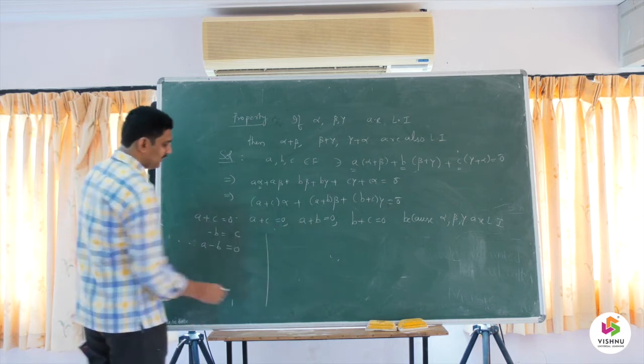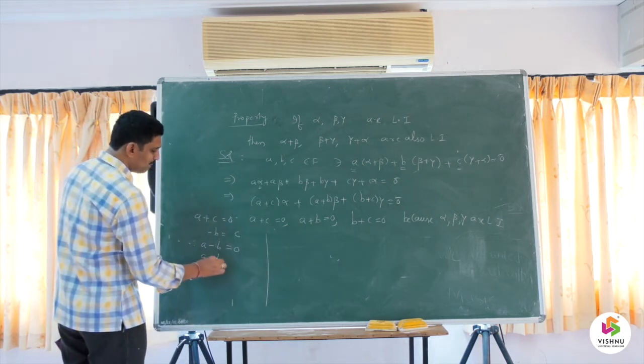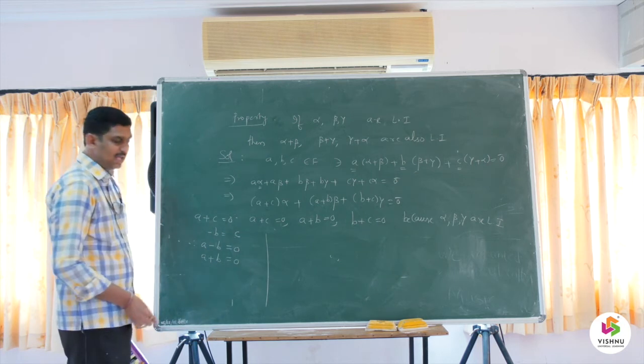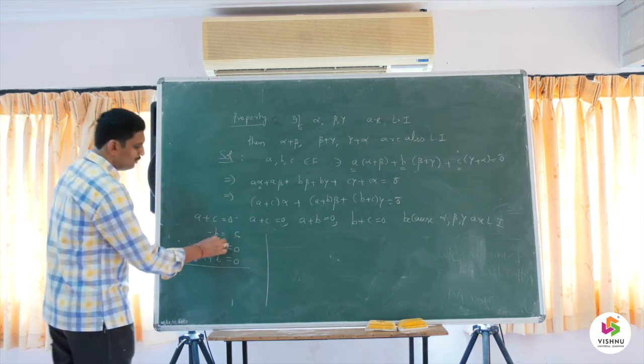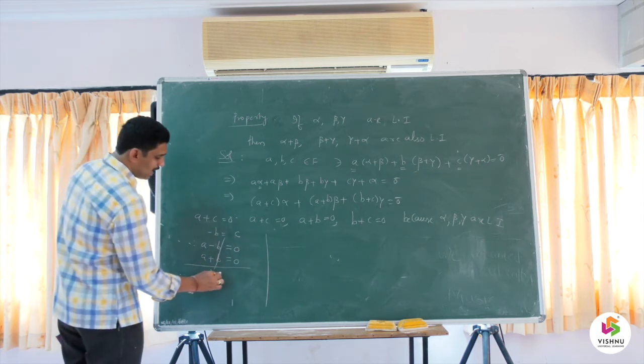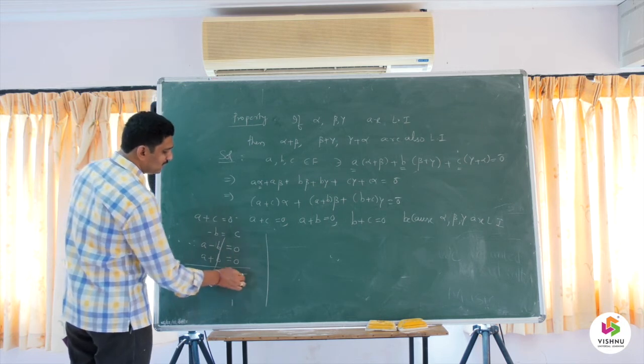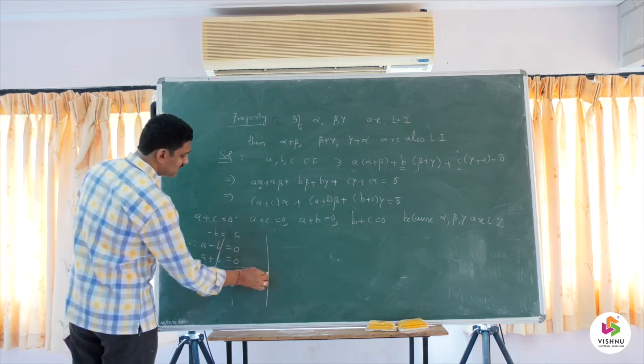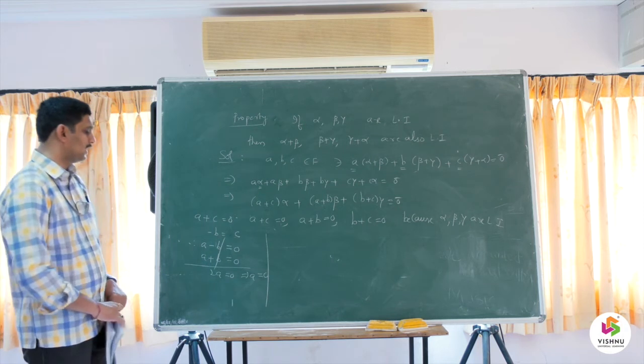Now taking the second equation, you have A plus B is equal to 0. Adding them, B gets cancelled. So you have 2A equal to 0, which implies A is equal to 0, right.